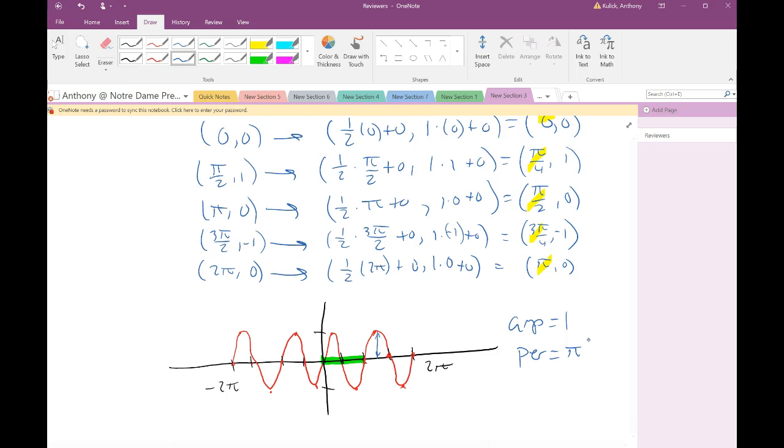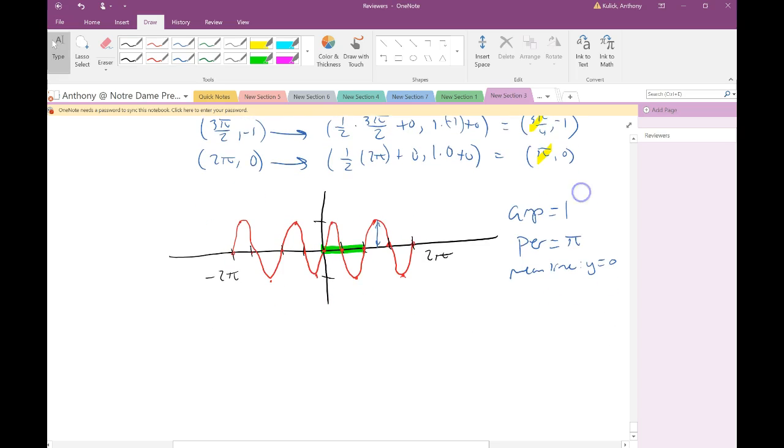Aha! That's different. And then we have the mean line. Well, that's still y equals 0. That hasn't changed. So what we can conclude is that the b value kind of controls the period, right? And in fact, it does so in this specific way.